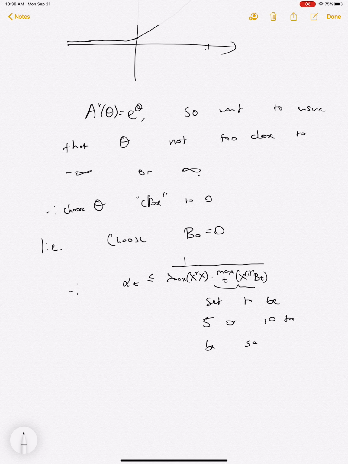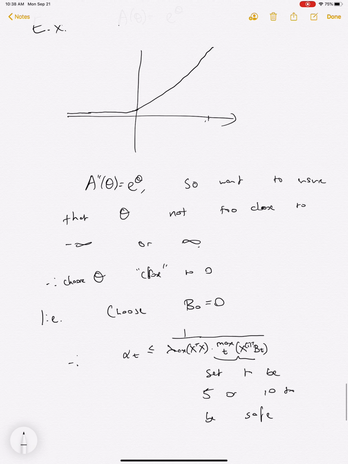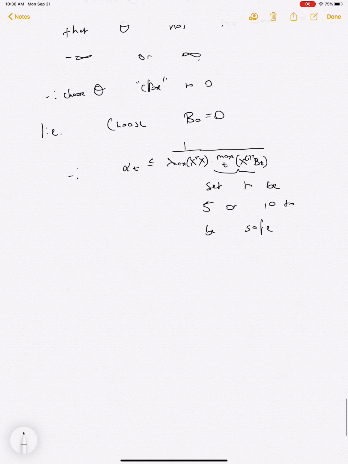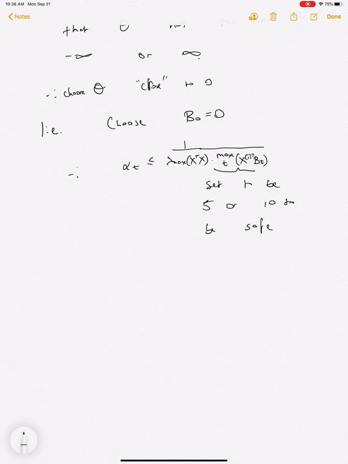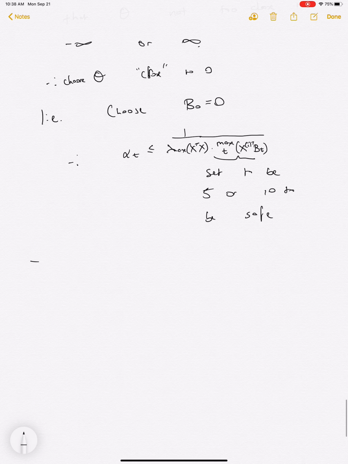And again, these are just rules of thumb. When you run your algorithm, you'll get a sense of whether your step size is being chosen too big or not. And as I said before, generally constant step sizes work quite well.